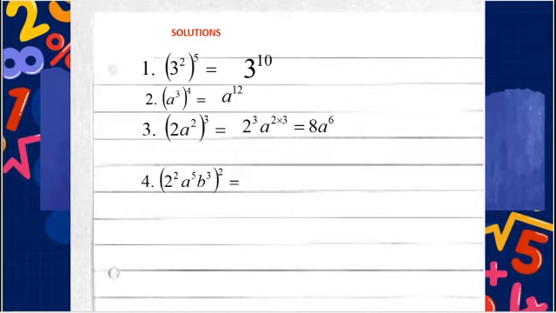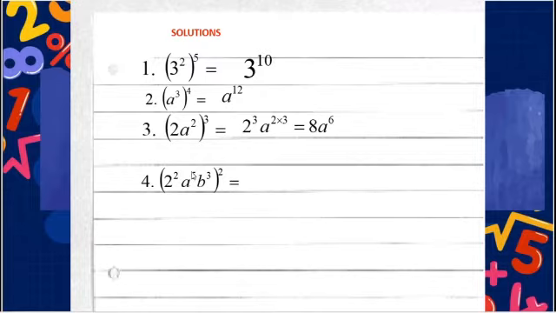Next. Quantity 2 squared a to the 5th b cubed, quantity squared. This is an example already of combination of power of a power and power of a product. Okay? So, power of a product. So, i-distribute lang natin yung 2 sa bawat element dito.